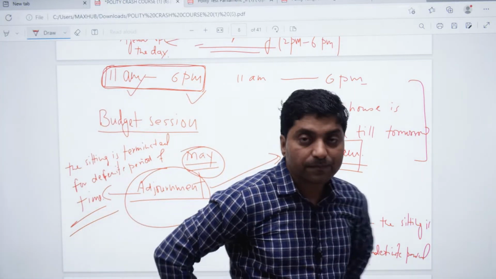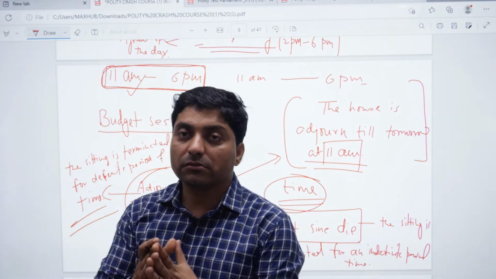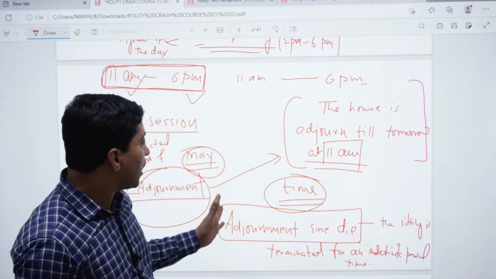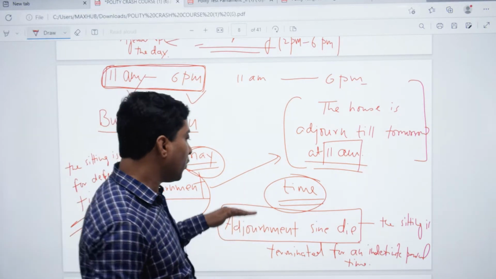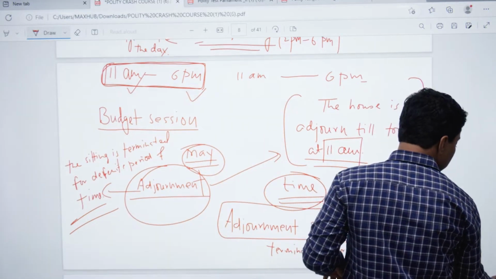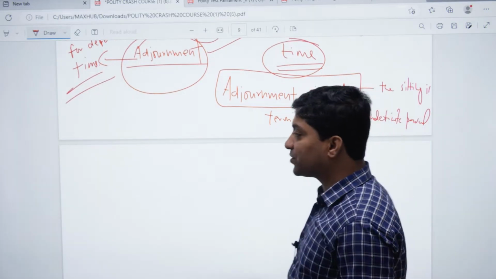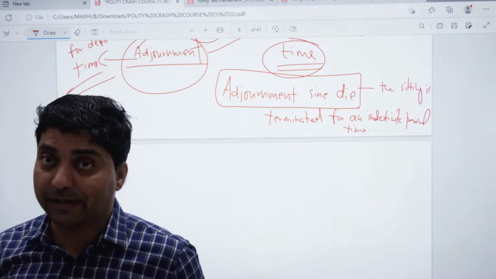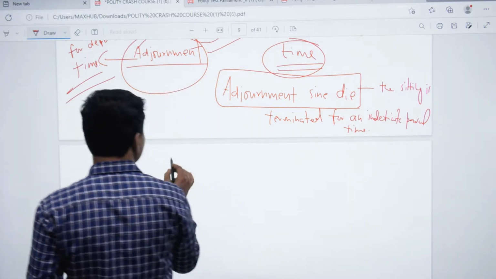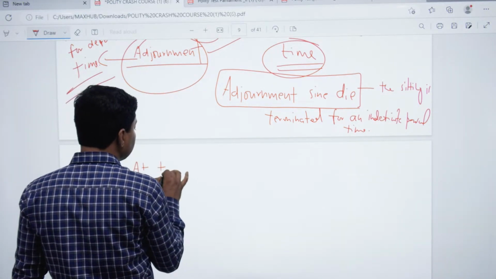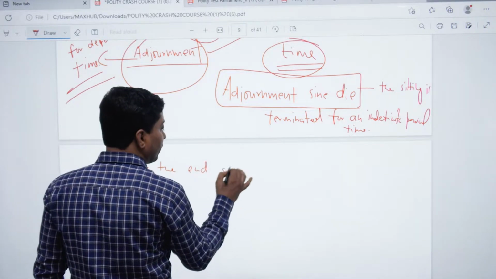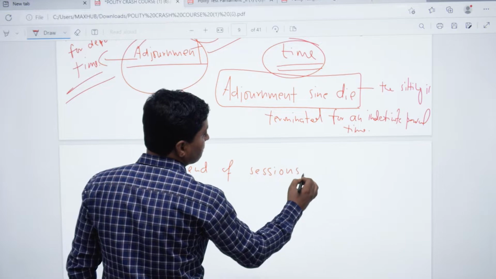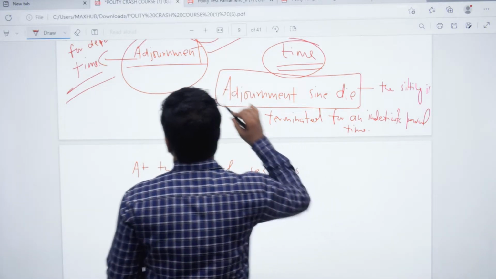Consider that the budget session is ending and the house is adjourned for an indefinite period of time. Then what happens? The president issues a notification of that adjournment at the end of session, right?